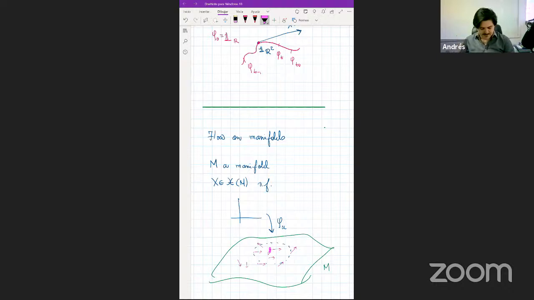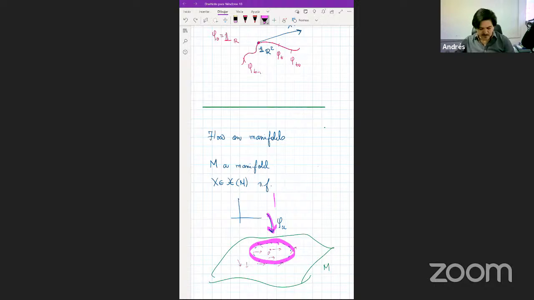So I take a neighborhood chart about P. And then what happens? If I make a chart about P, now I am in Rn. And I know how to come up with a flow in Rn. But in order to have a flow in Rn, I need to have a vector field.